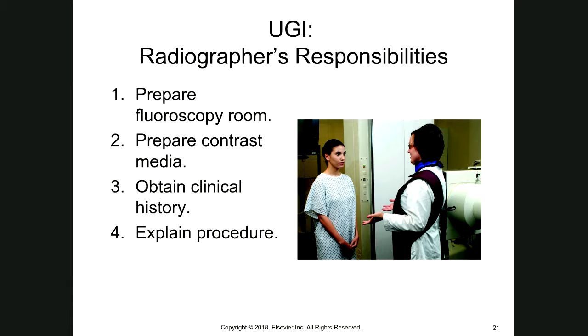Now, when you explain the procedure to the patient, you don't want it to be a highly technical, involved explanation. You just kind of want to basically tell them what we're going to do today. We're going to take one image of your abdomen before we start, which is a scout image. Remember, that scout image is to take an image of the abdomen before you actually give them contrast media.